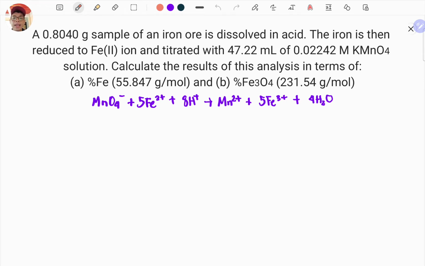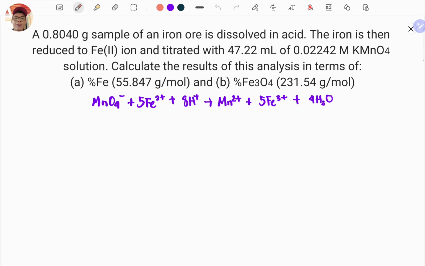Instead, this is a redox titration. But even if it's a different type of titration, the principles of titration that we discussed earlier should still hold. For example, at equivalence point, there should be 1 millimole equivalent of permanganate for every 5 millimoles equivalent of iron 2+ ion. So it shouldn't be that difficult.